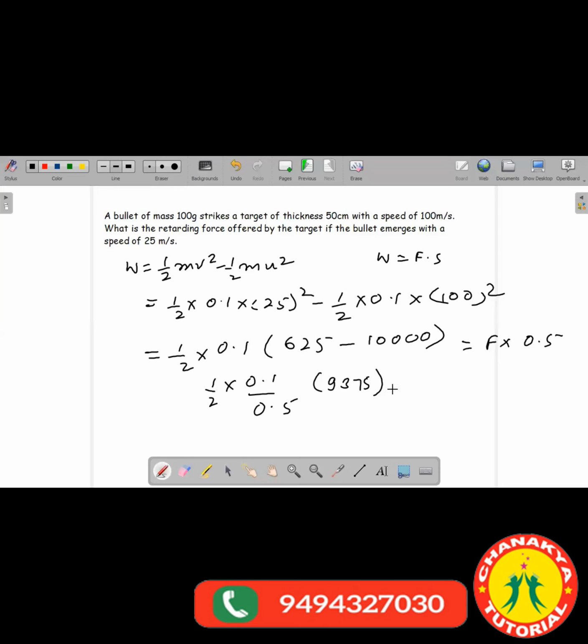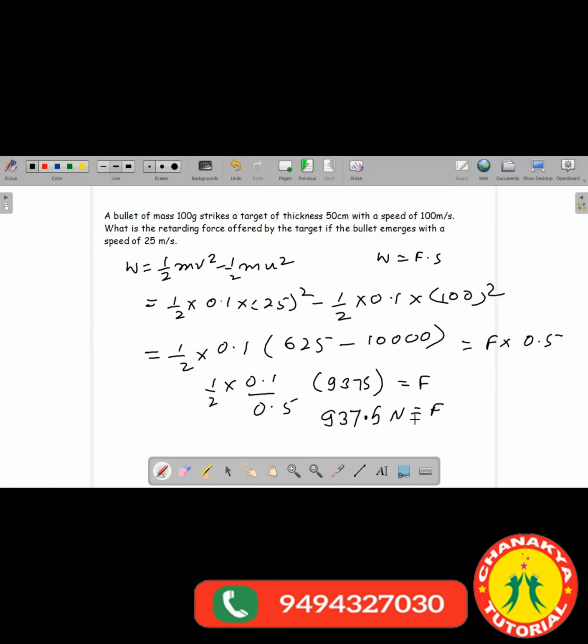So that should be equal to the force. And this should be 0.1 simply. If you cancel this, you get 0.1. So your answer should be 937.5 Newton of the retarding force.